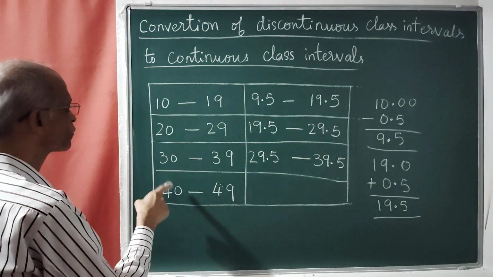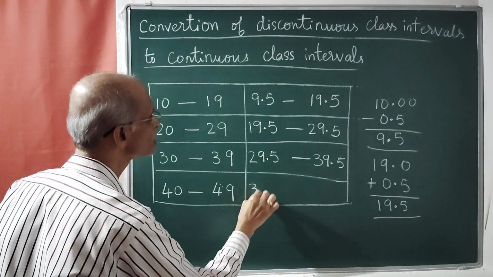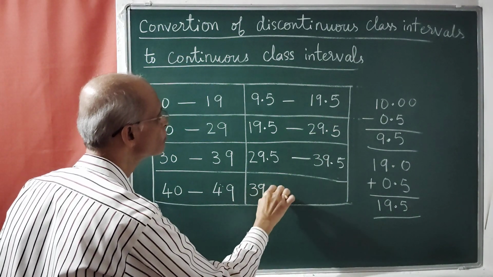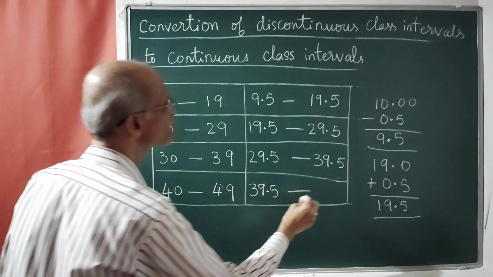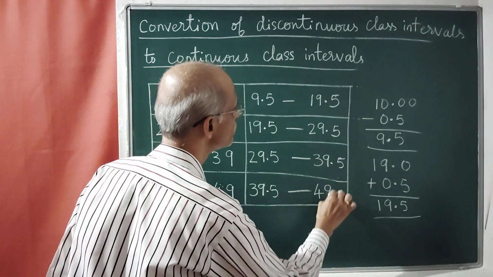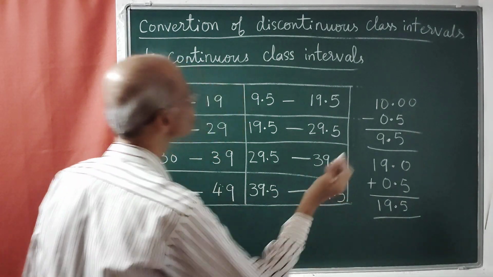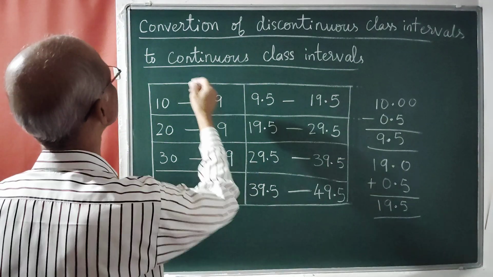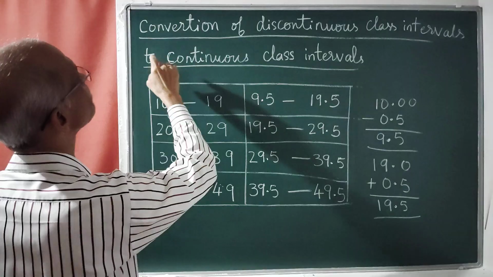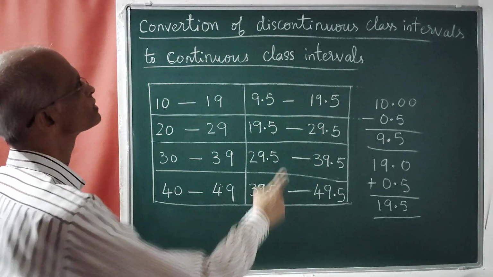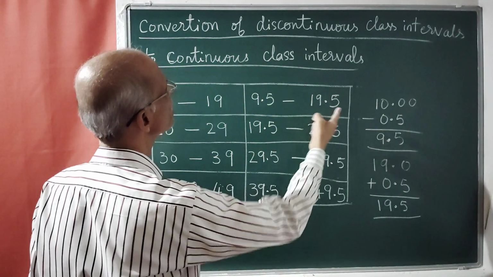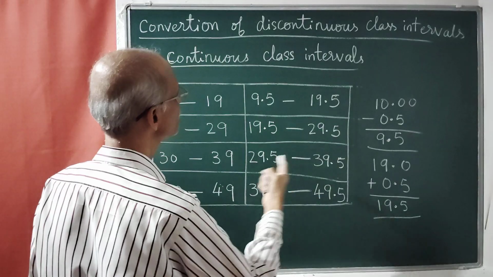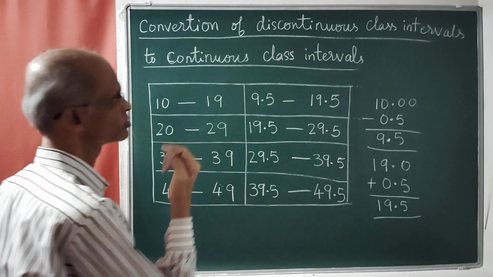Again subtract 0.5. So 39.5 to 49.5. So now it became continuous type: 9.5 to 19.5, 19.5 to 29.5, it became continuous.